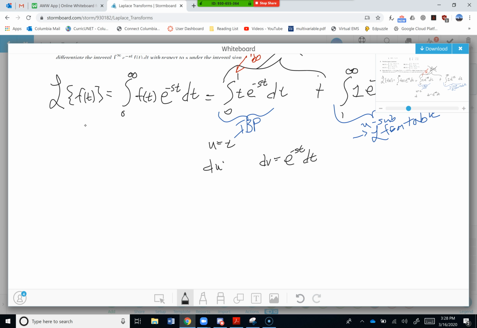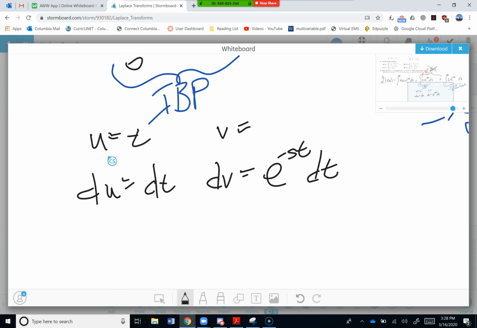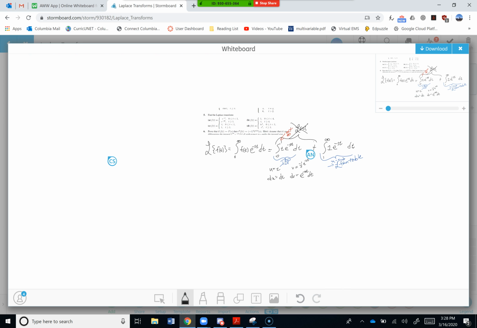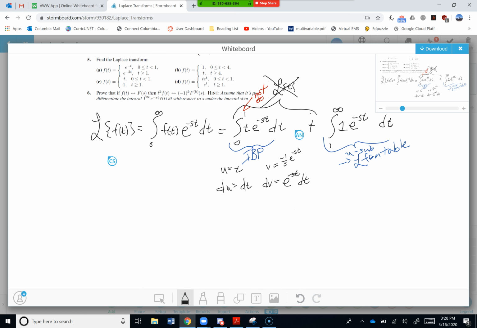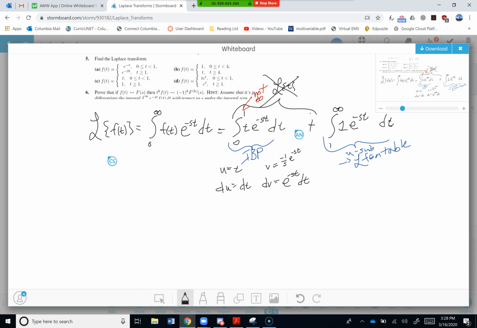And then du is going to be dt, and v is going to be minus 1 over s, e to the minus st.